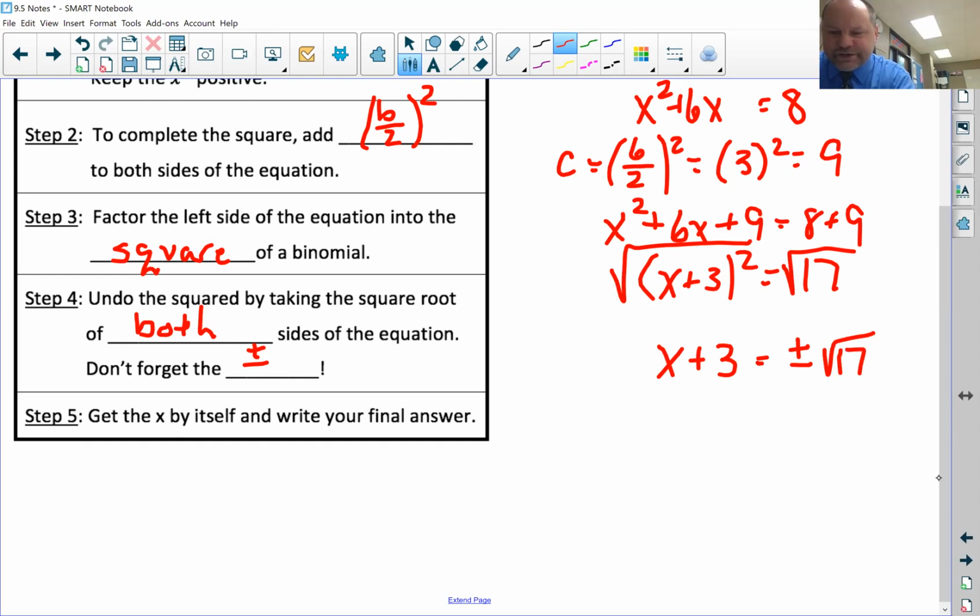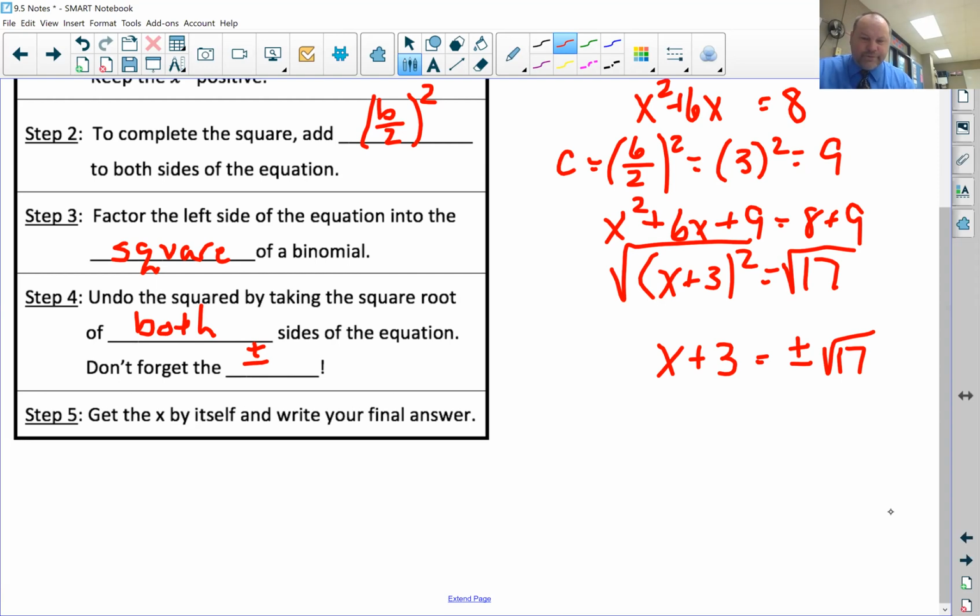Now I should check, does 17 reduce? Are there perfect square factors? In this case, 17 has only a factor of 1 and 17 that divide evenly into it. So I can't simplify that radical expression. Get the x by itself.